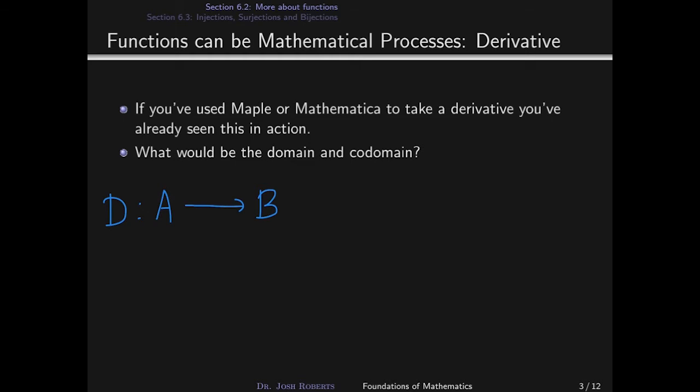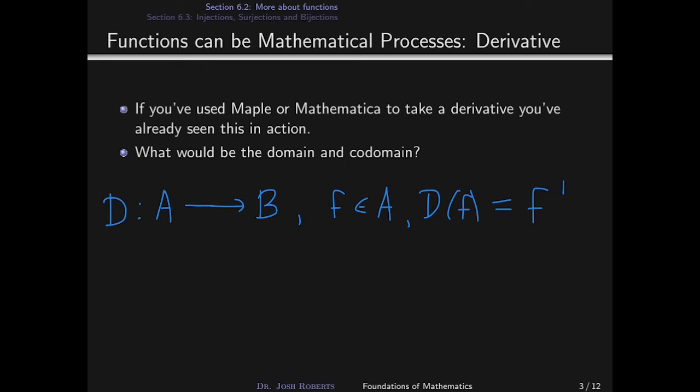And what the function does is if f is an element of A, then D applied to f is just going to give you the derivative of your function. So think about, what does A have to be in order for this to work? Well, I have to be able to get a derivative.